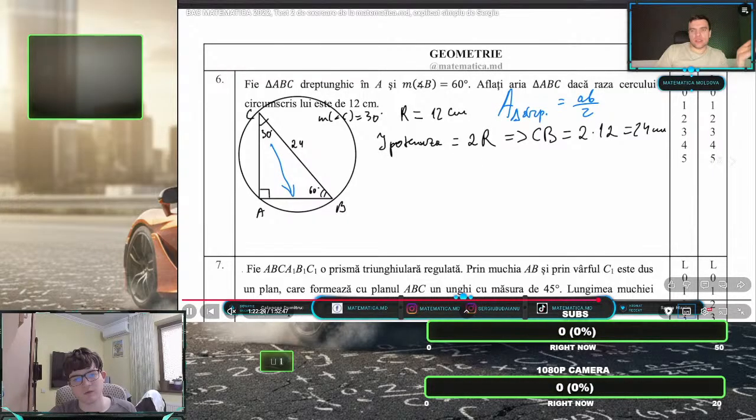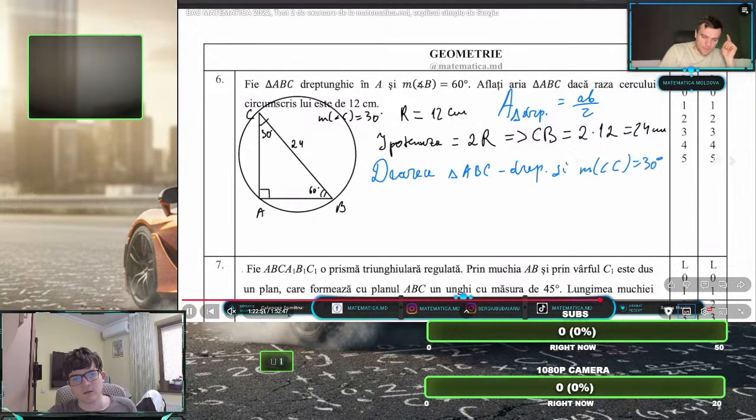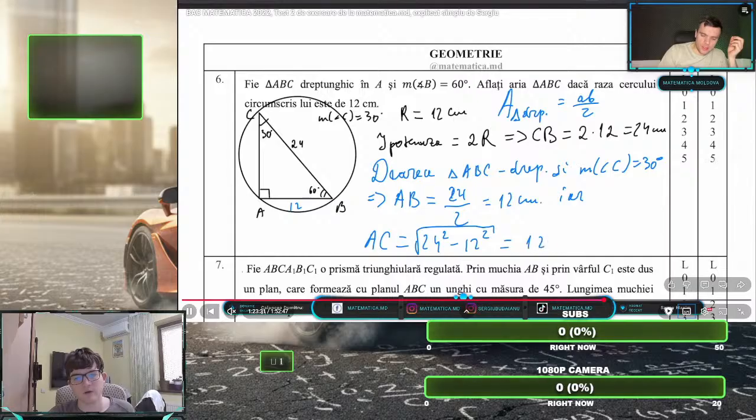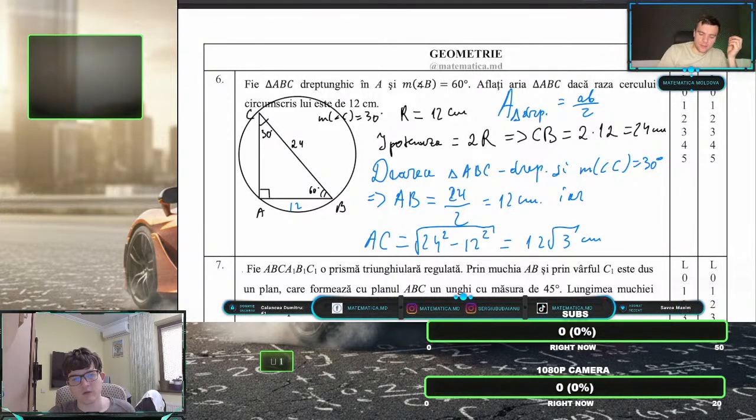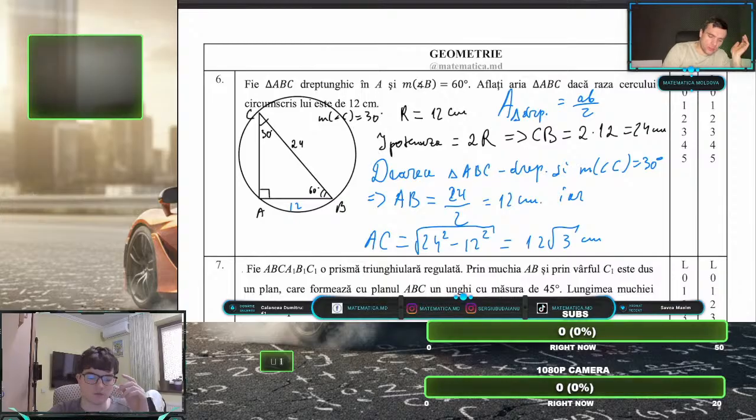So solve CA. He's just gonna solve 12 centimeters right there, like how I said. Write that down. So now we find AC, and yeah, it's 12 square root of 3, like I already know, based on Pythagorean theorem.